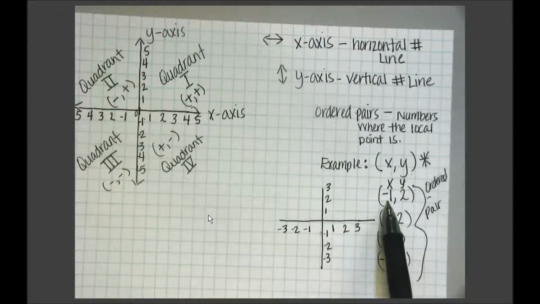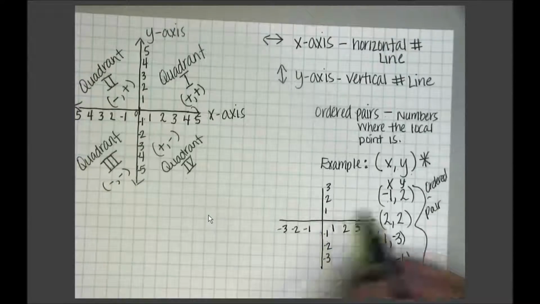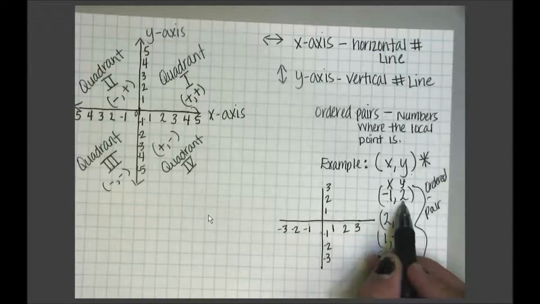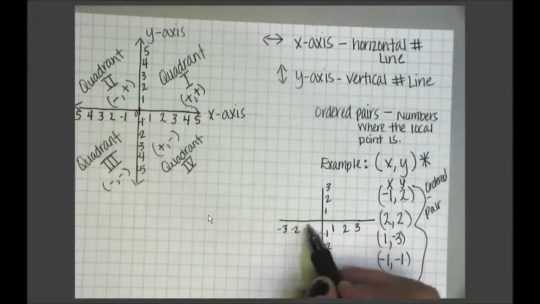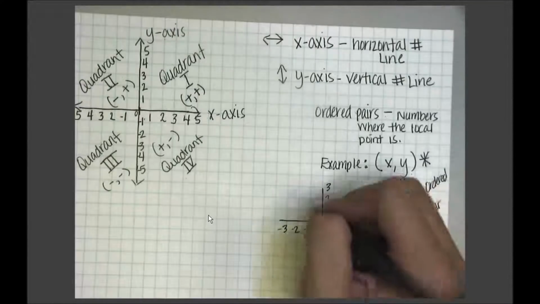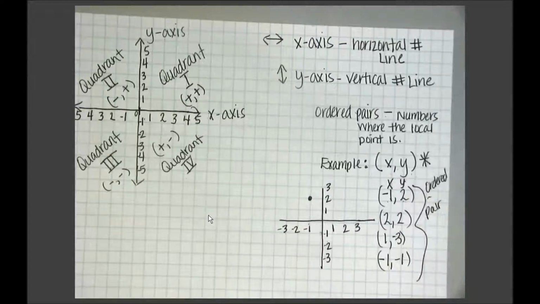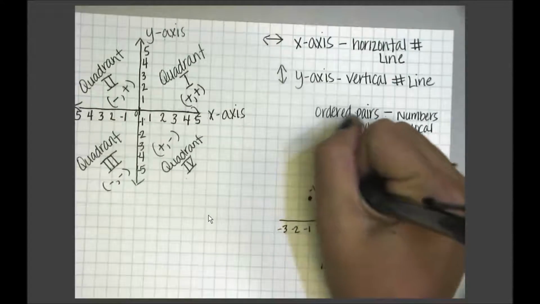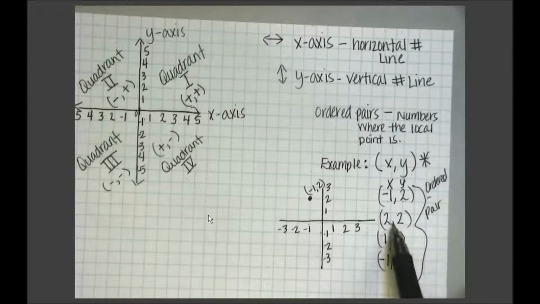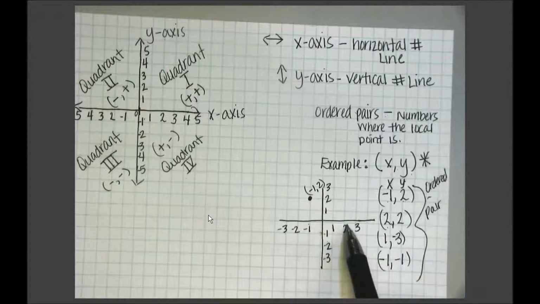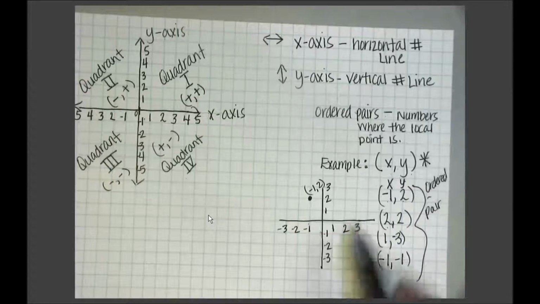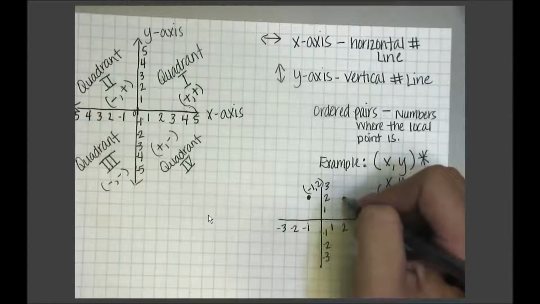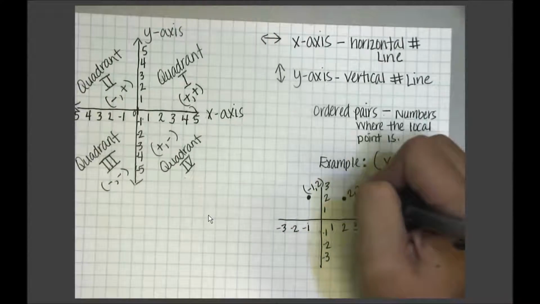So this first one is -1. I know that it's negative, so I'm going to go to the left, and my Y is a +2, so that tells me I'm going up. So I'm going up to number 2, and there's my point. The next one, the X is positive, so I'm going to the right, and the Y is positive, so that tells me I'm going up. So I'm going up to the 2, and there's my second point.